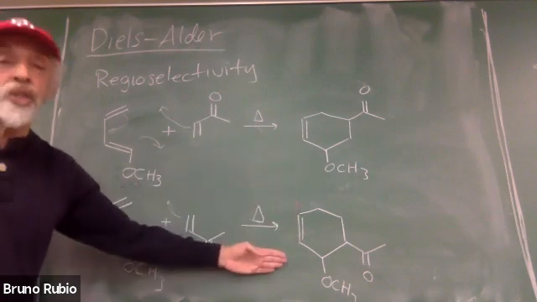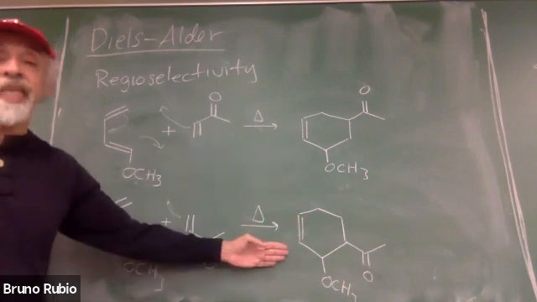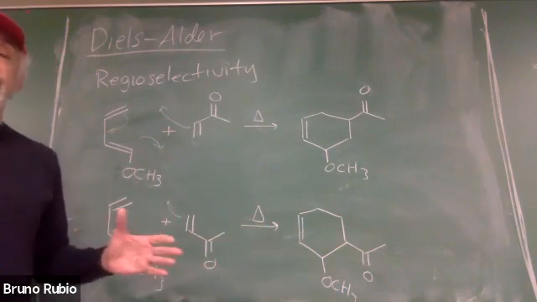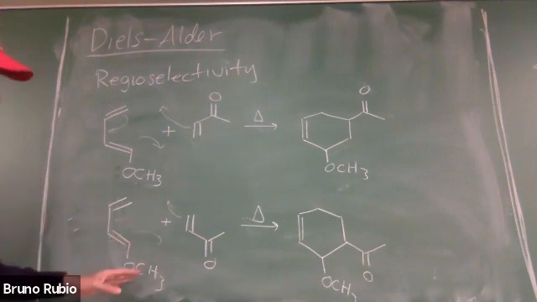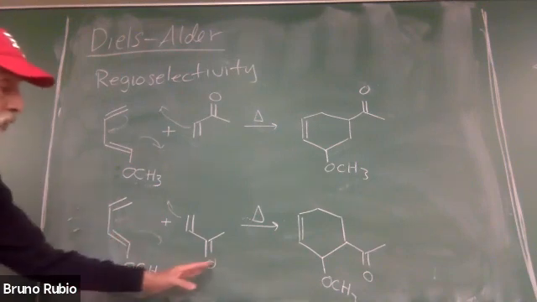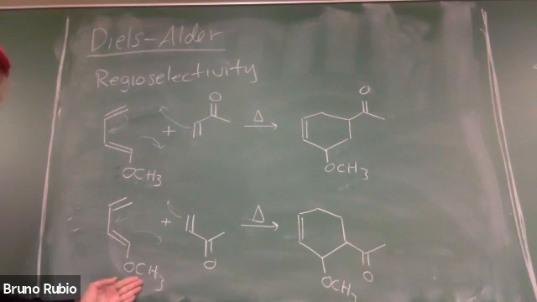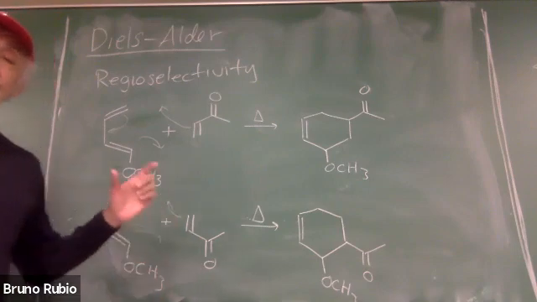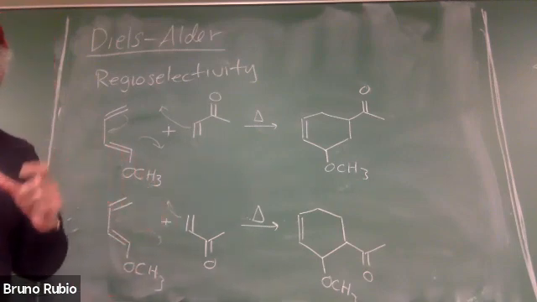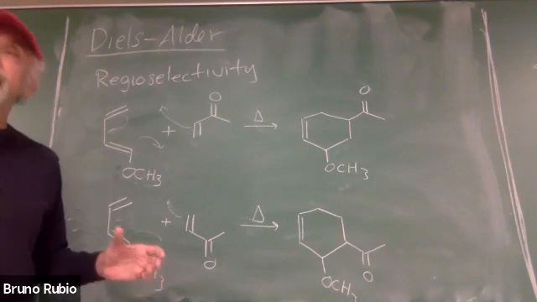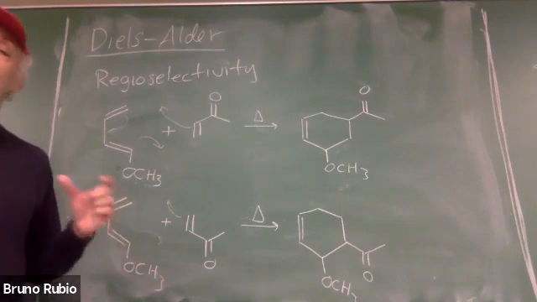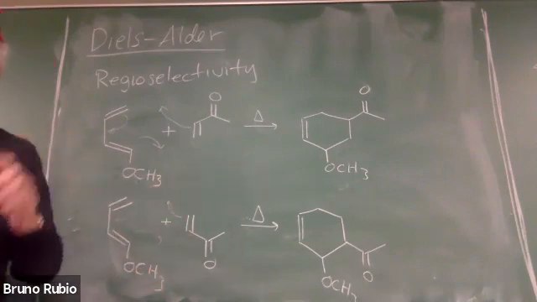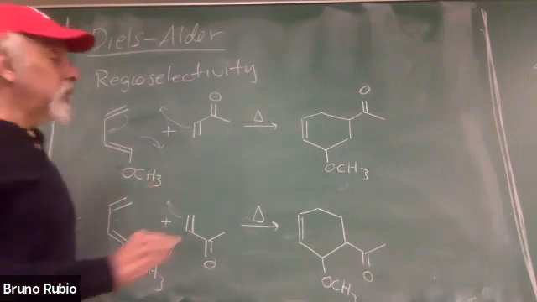They are constitutional isomers. They are not the same compound. And we have a rule for predicting the orientation of the electron withdrawing group and electron donating group in the Diels Alder reaction. The electron donating group and the electron withdrawing group in the product prefer to be either 1,2 or 1,4, but never 1,3.